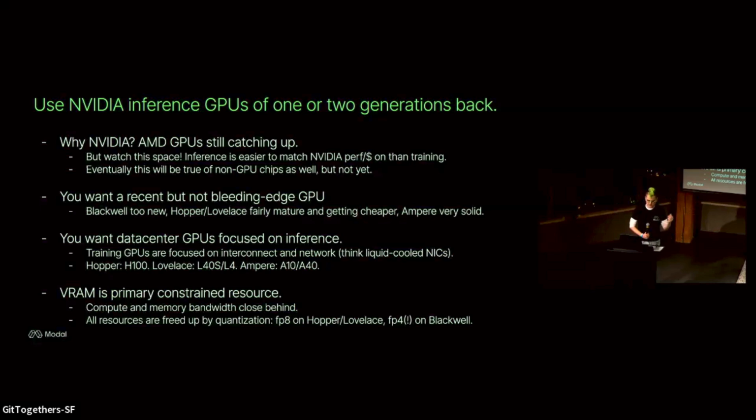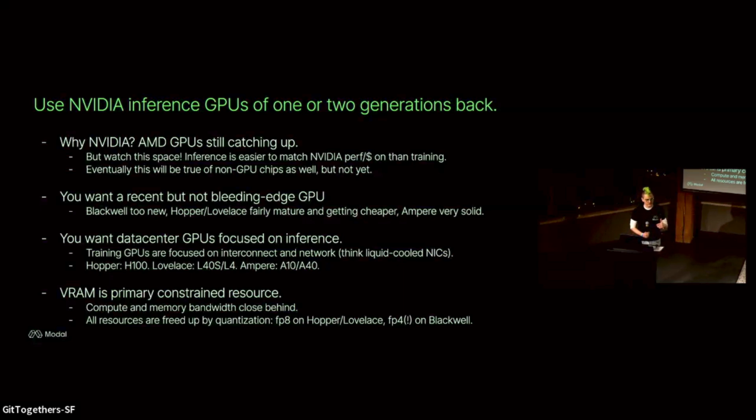So for now, the game in town for building GPUs is NVIDIA. You want GPUs that are focused on inference, not on training. Training neural networks is very different from running them in production. There's a number of differences in the workload. Most notably, there's a lot more network communication in training.